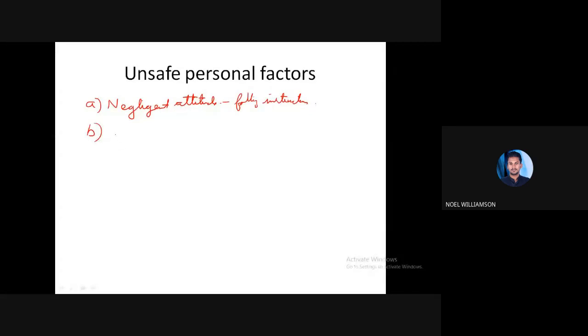That is the next thing: ignorance, forgetfulness or carelessness. These may create accidents. Okay, next, home environment.